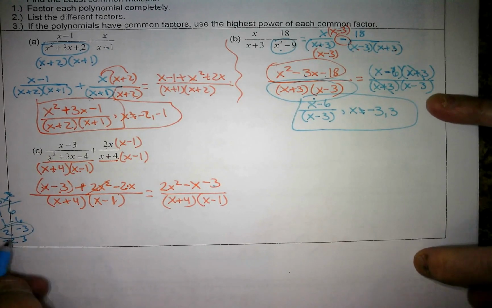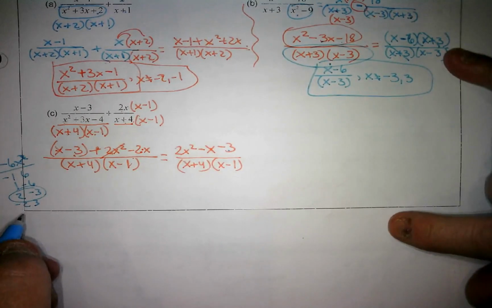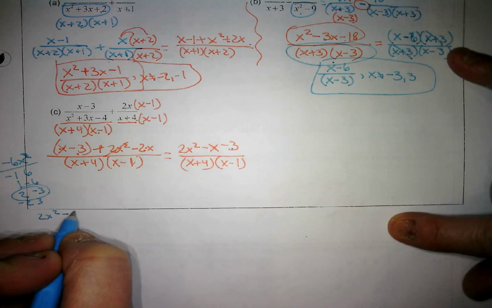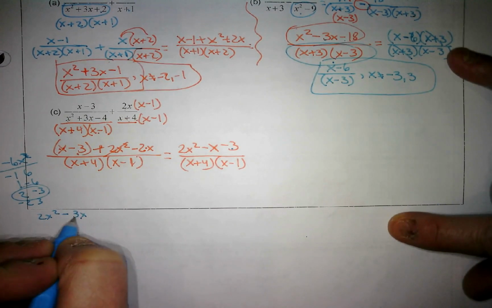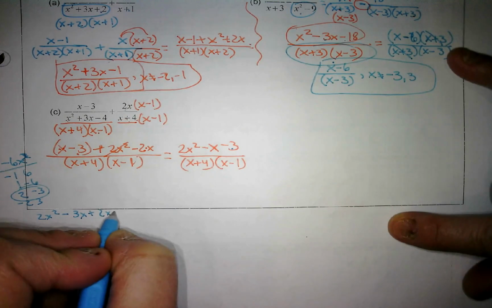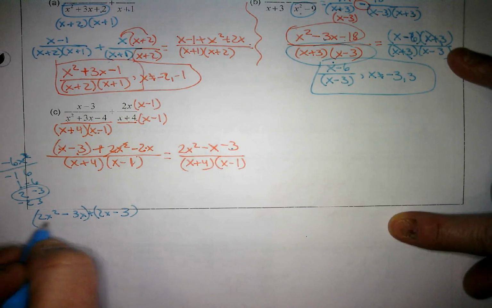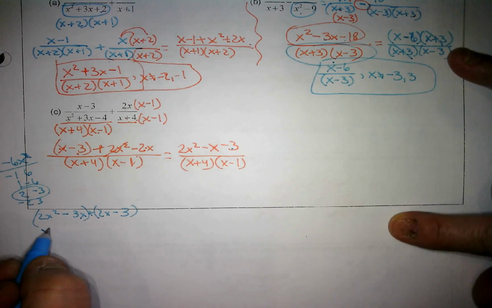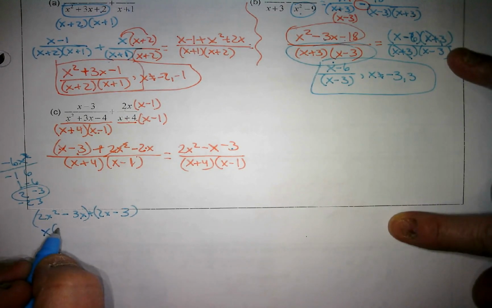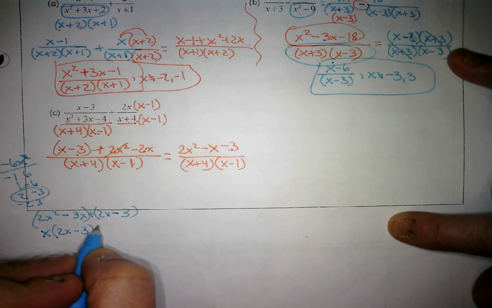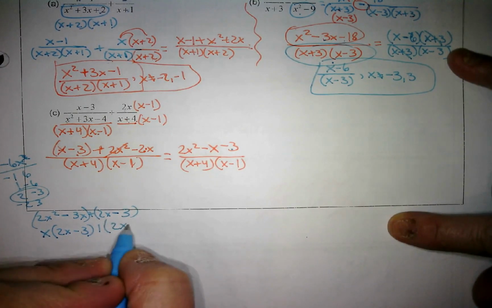So now I have 2x squared minus 3x plus 2x minus 3, and I have to pull something out of each of these, so I'm going to pull an x out here, and that's going to leave me with 2x minus 3, and I have to pull something out here, so I'm going to pull a 1 out. That has to be 2x minus 3.